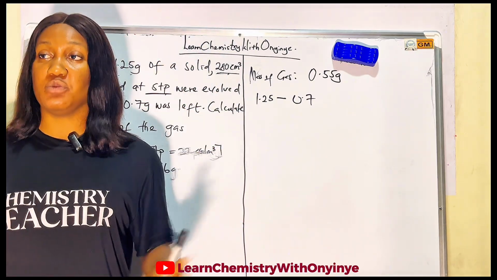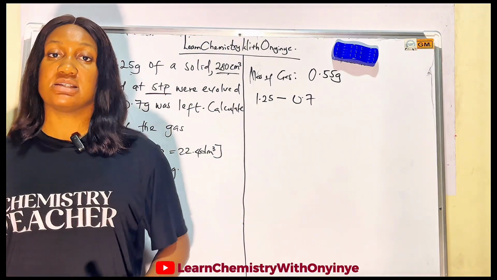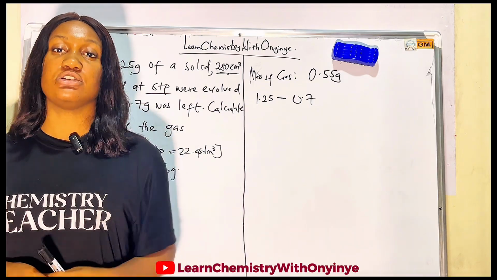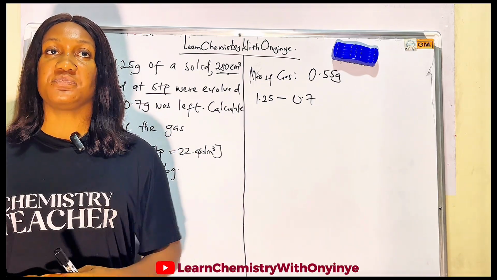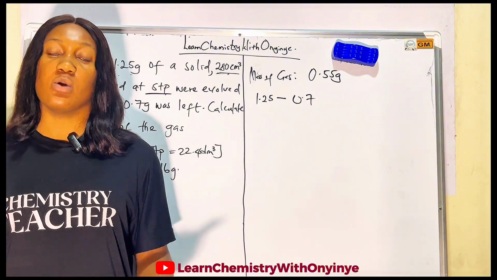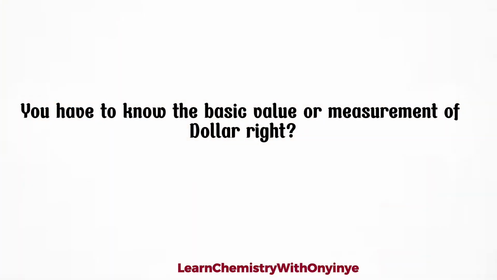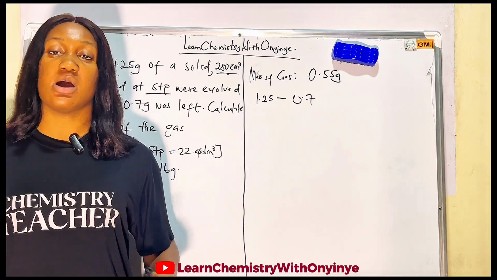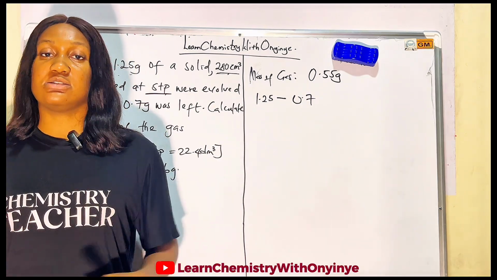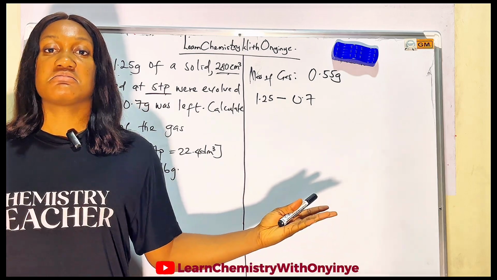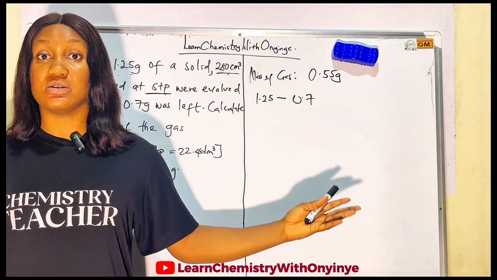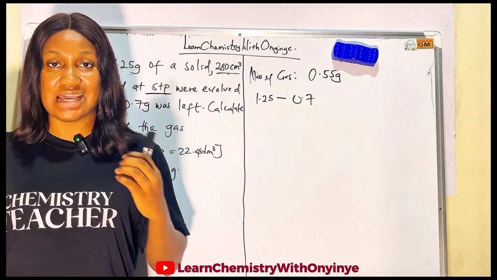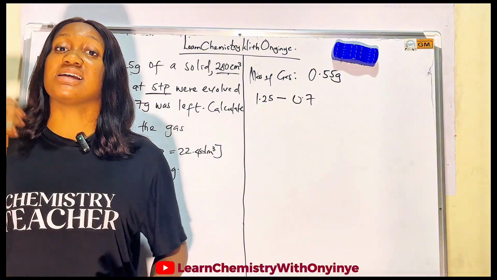It's more like me asking you how much is $1,000. For you to know that, you have to know how much $1 is in Naira. So you say, okay, $1 is 1,000 Naira, so $1,000 is maybe 100,000 or 1 million. So you have to know the standard value for you to be able to calculate the experimental value.